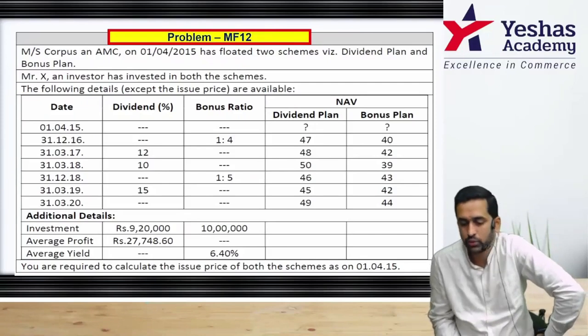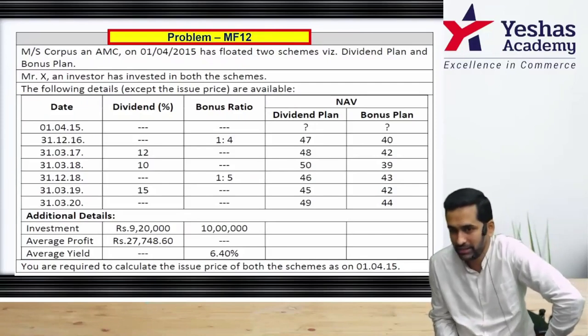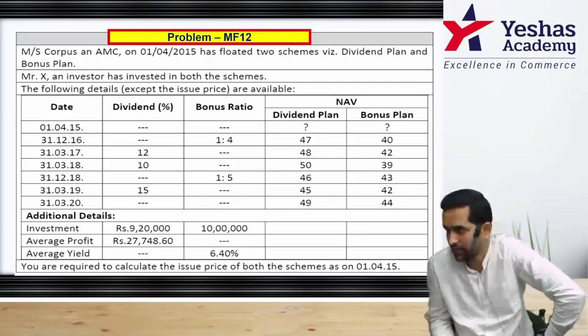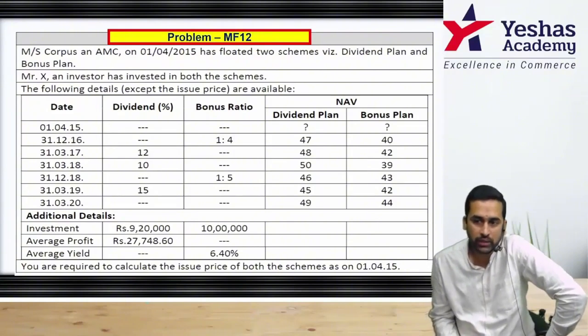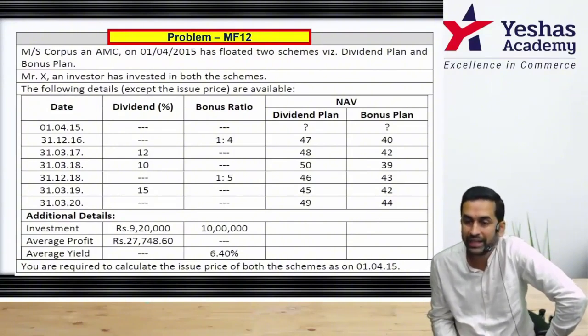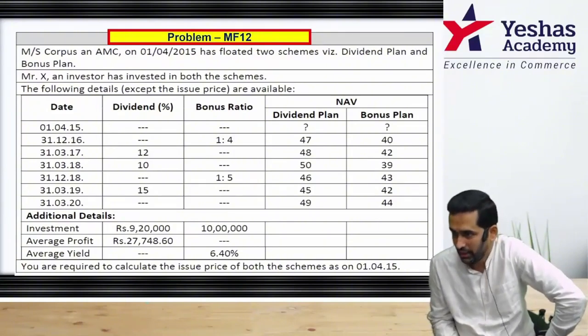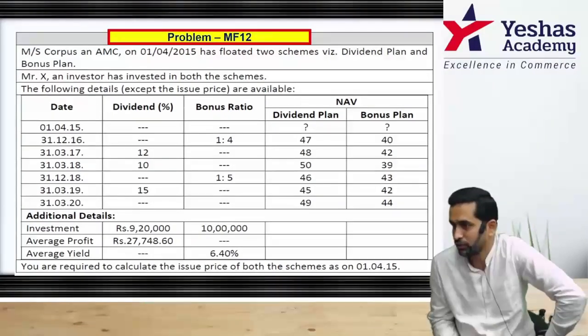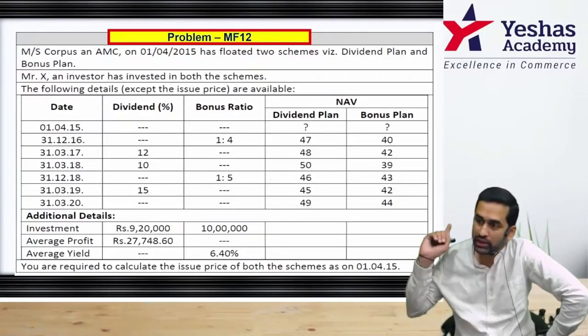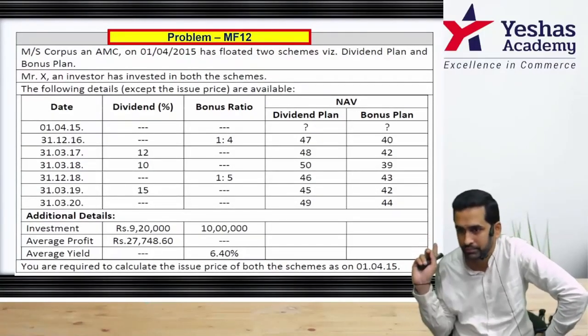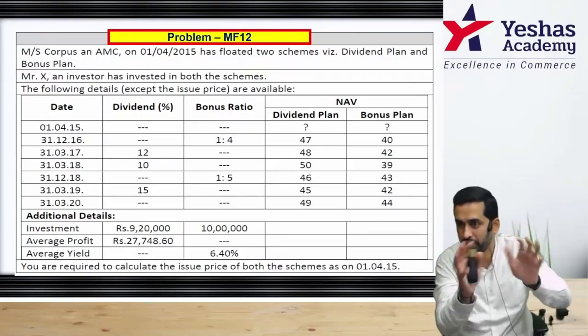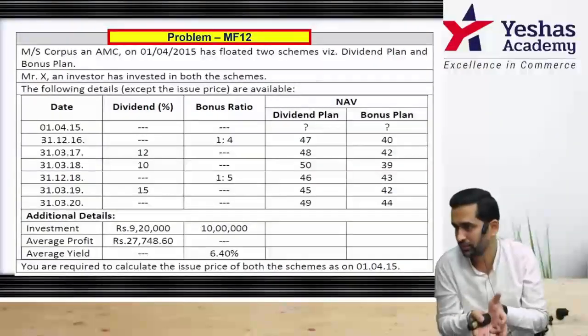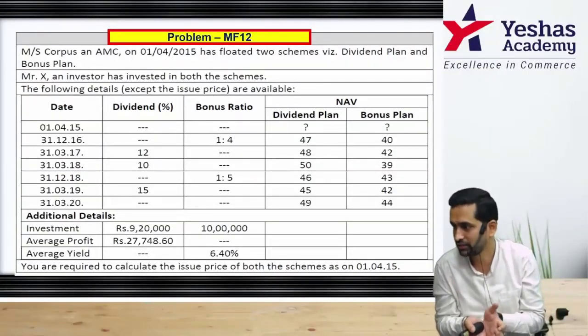Average profit is 27,748.6. This is average, should be understood as annual. That means if I find out how many years he was in this scheme and then add 9,20,000 to that, I will get to know total cash inflow at the time of redemption. You have investment. If you find out total profit, that will be the value of cash inflow.